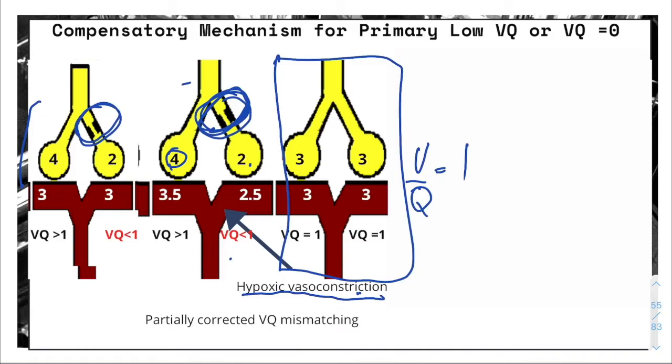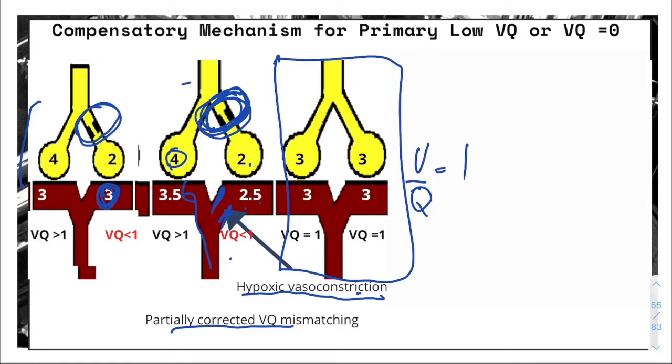The local response to hypoxia would be vasoconstriction. So instead of receiving 3 liters of blood on one side, the side wherein you have your ventilation problem will receive only 2.5 liters of blood. This will partially correct your VQ mismatching.